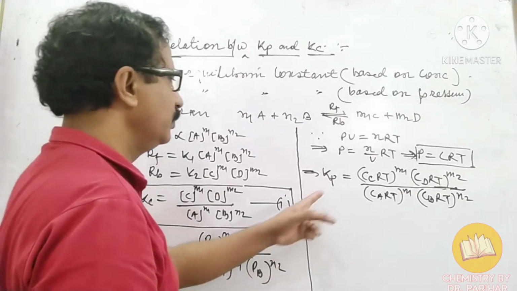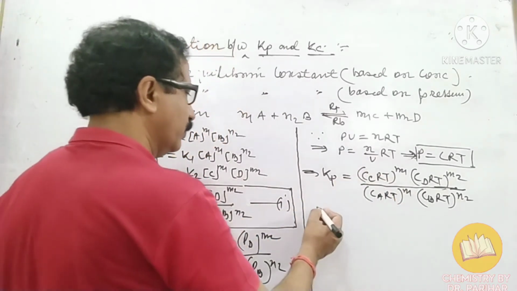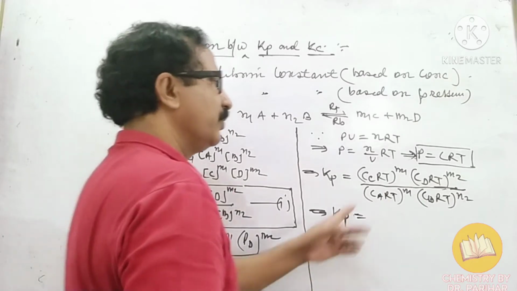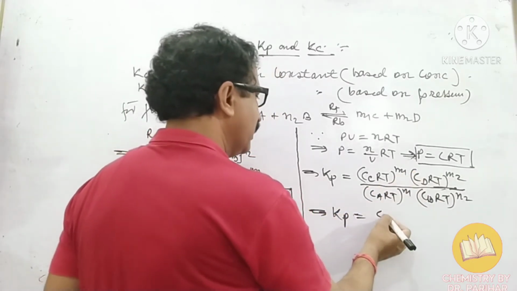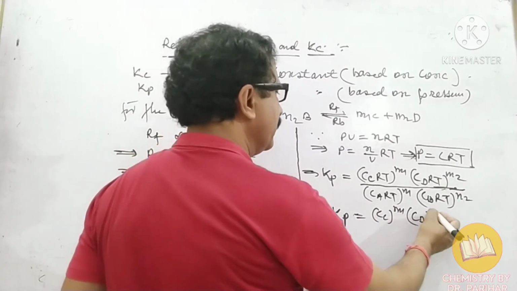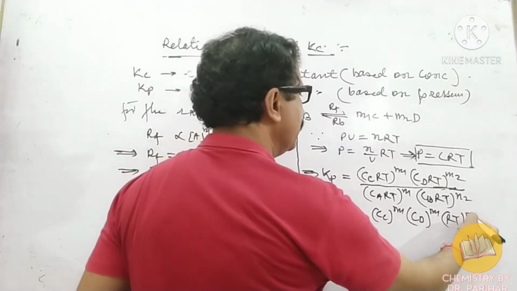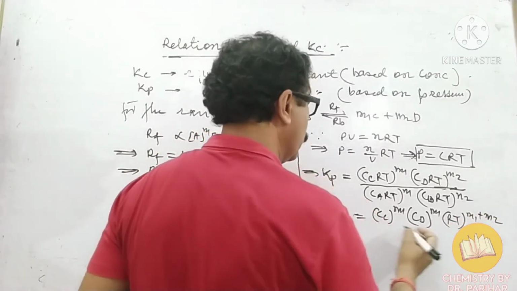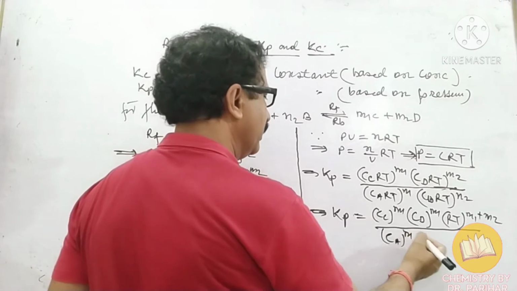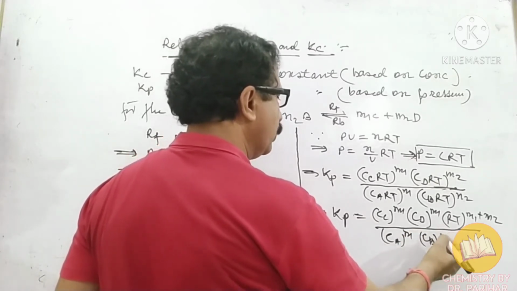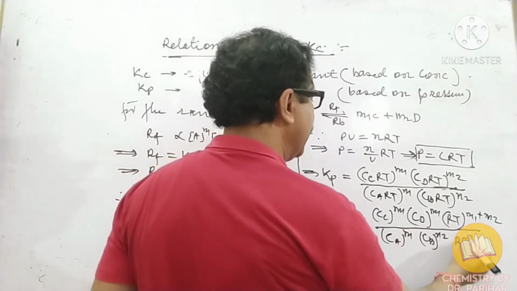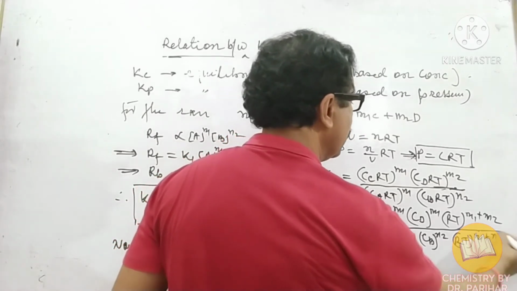We apply this here, which implies Kp is equal to, taking RT as common, concentration of C to power m1, concentration of D to power m2 and RT to power m1 plus m2, whole upon concentration of A to power n1, concentration of B to power n2, RT to power n1 plus n2.